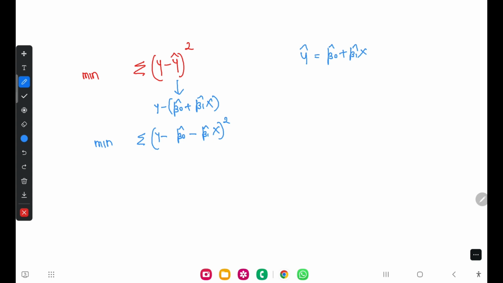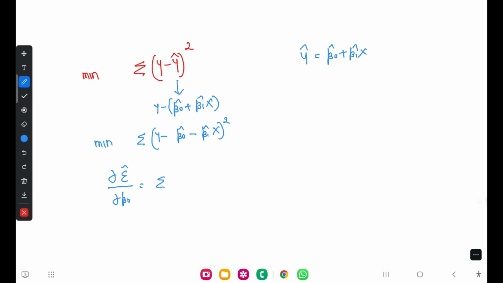Since there are two independent variables, beta naught and beta 1, we have to apply partial differentiation, with respect to beta naught and with respect to beta 1. First, I'm going to differentiate the error term with respect to beta naught. I hope you remember we did this in calculus.